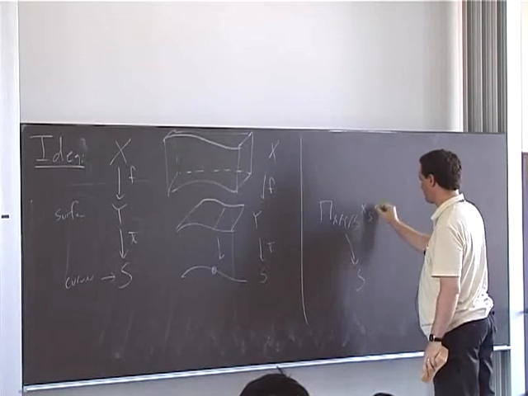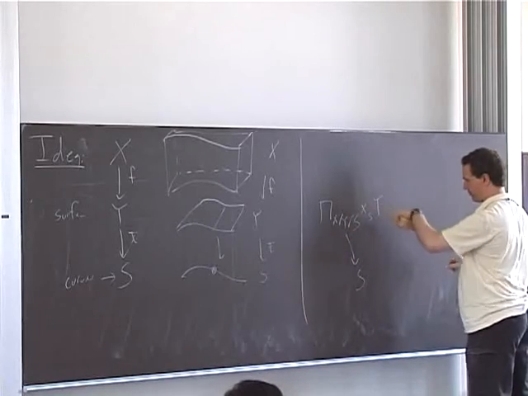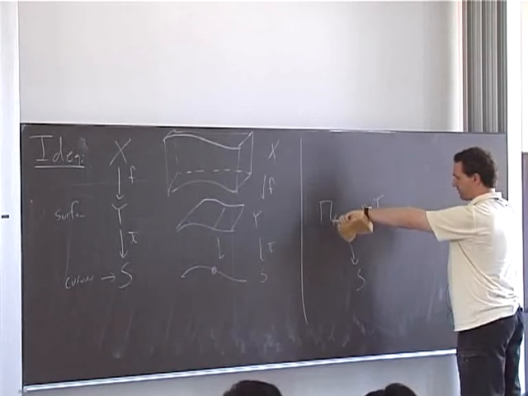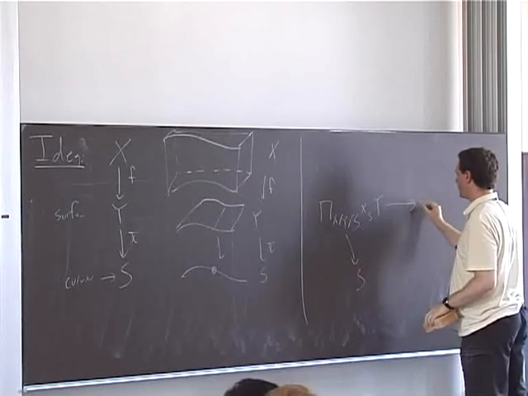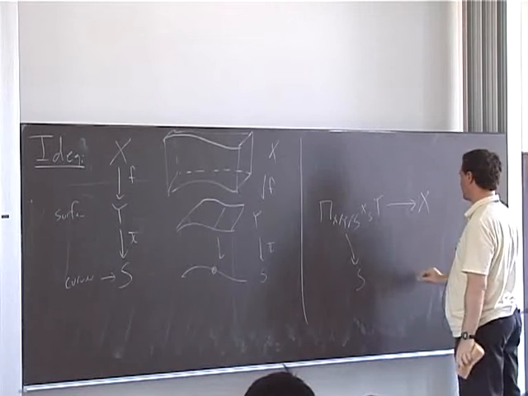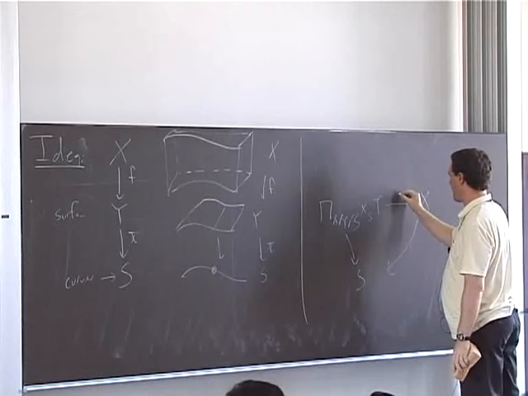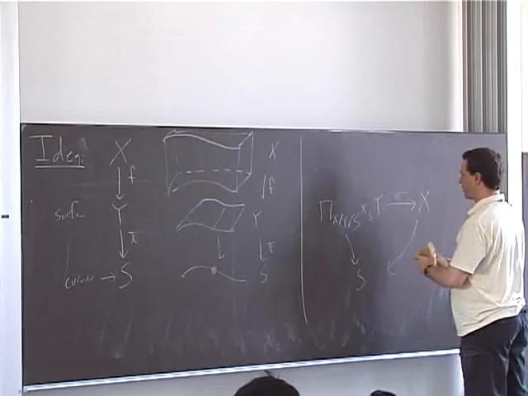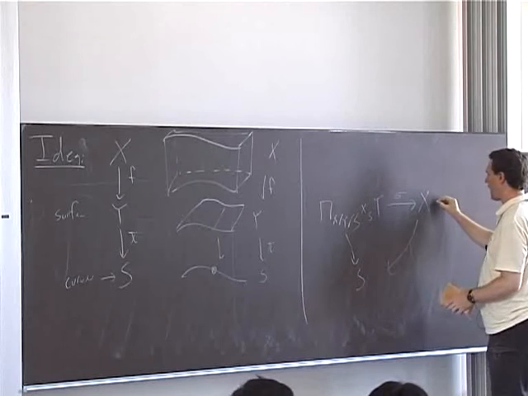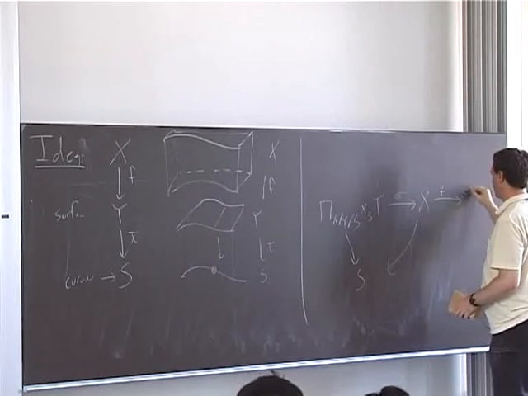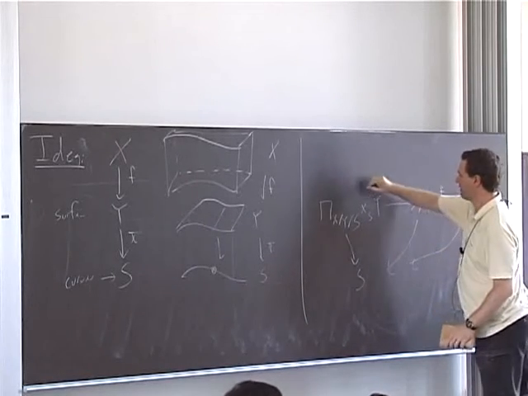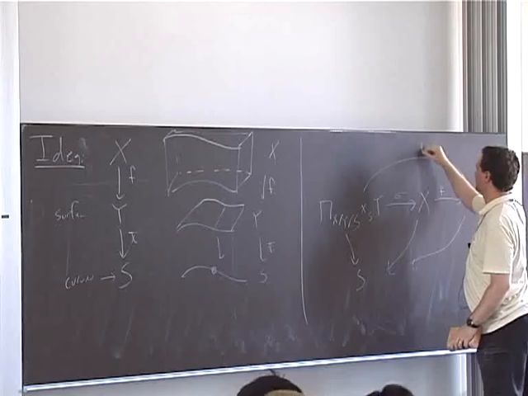There's a morphism of S-schemes from the fiber product of this S-scheme and Y to X. Everything is over S. So there's some map, sigma, with the property that if we then compose further with F to Y, again everything is over S, that's just the same thing as projection onto Y.